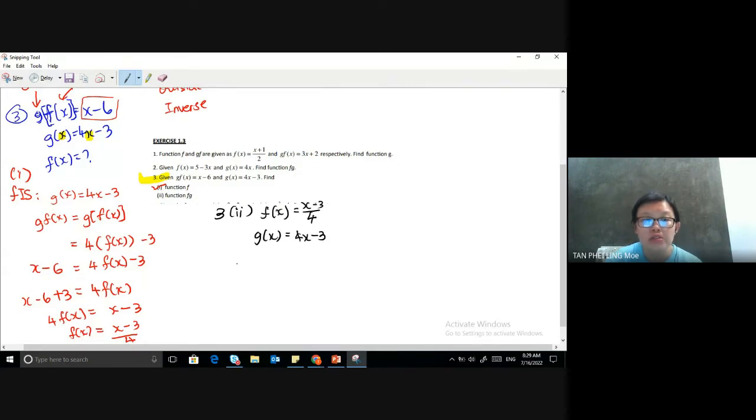Now they want you to do a composite, which is f(g(x)). What you are doing is the whole x here becomes g(x). The whole x, let me write it on top here with the red one. If you have f(x), then it is (x minus 3) over 4.